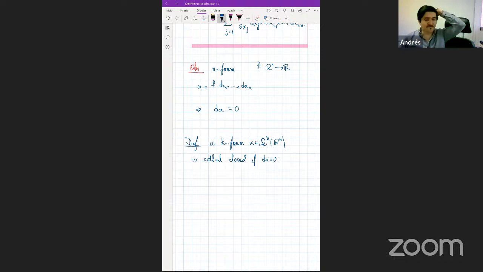So all of the forms whose differential is 0 are called closed.